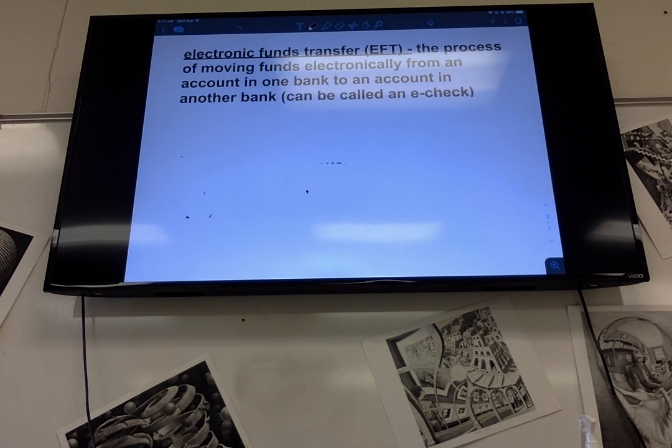We use e-checks. It's where you just electronically move money from one thing to another. So when you put in your banking account information to pay a bill, that's using an electronic check. Not the same as using a debit card. It's a lot more secure, actually.